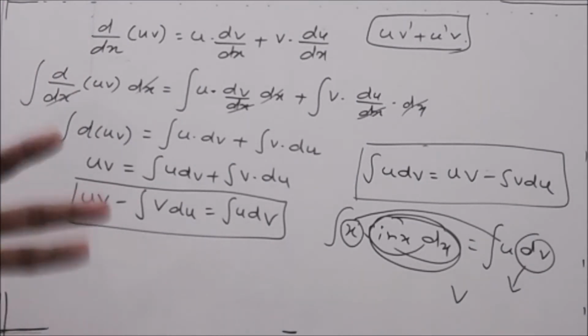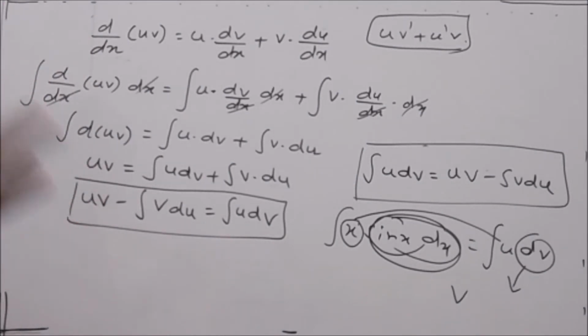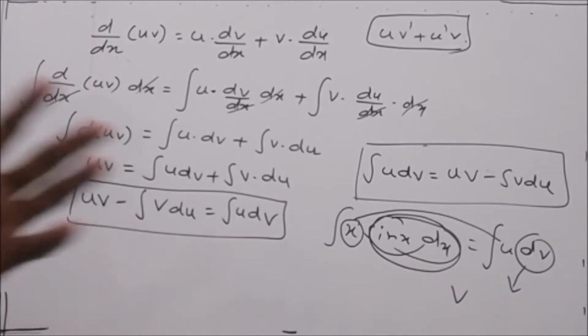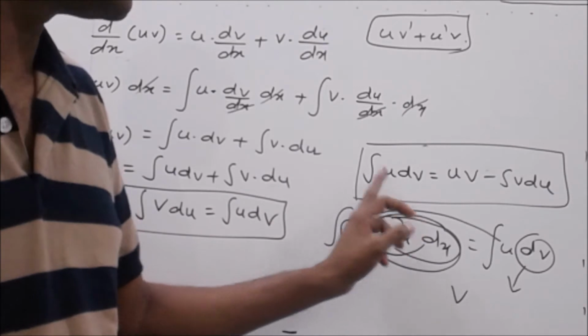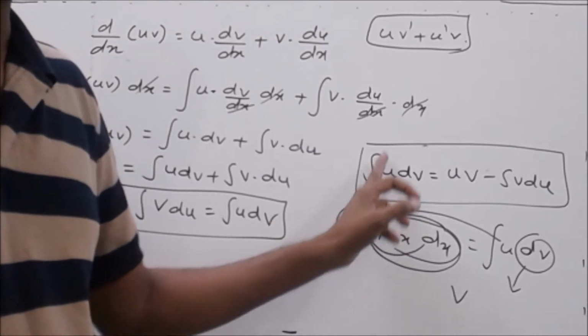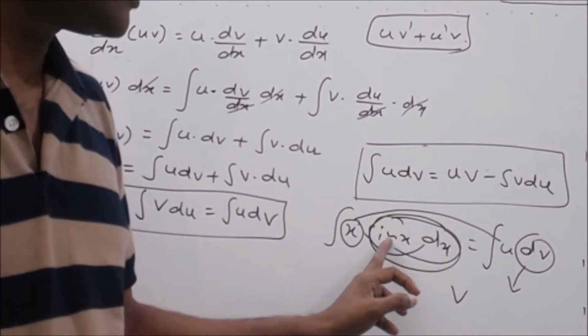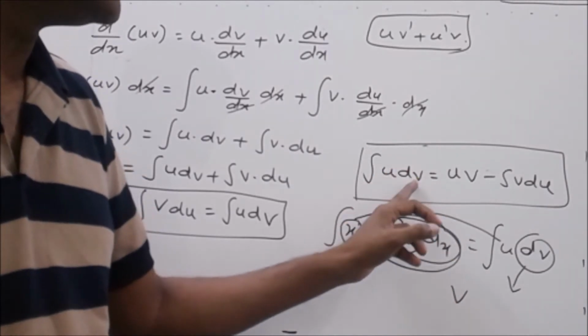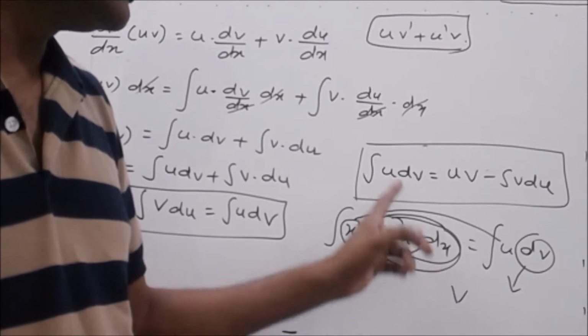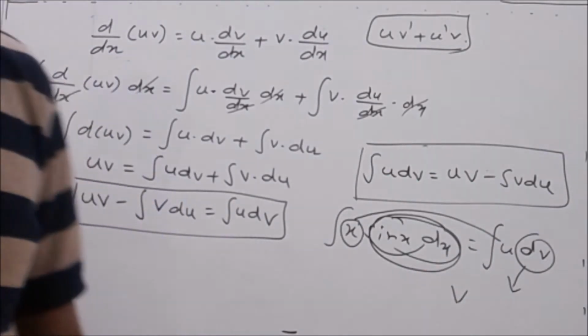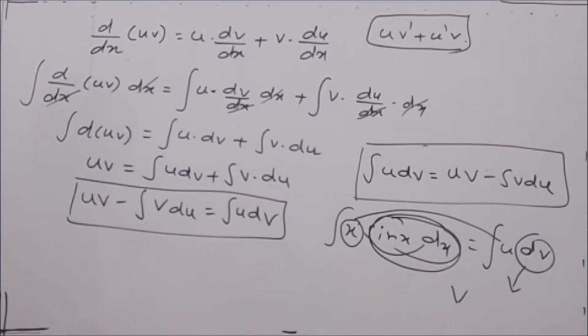When the given integral function is a product of two functions, we can use this method. Take one function as u, and the remaining function with the dx is taken as dv. Then from dv we find v, substitute uv in this formula and then integrate, and we will get the answer. Now we are moving on to some of the formulas here.